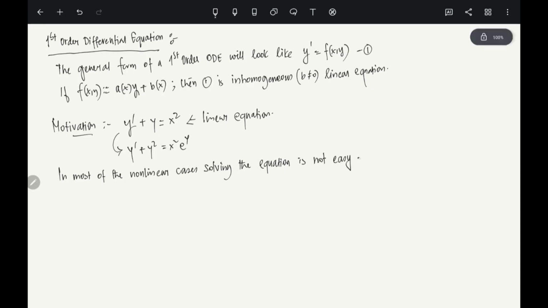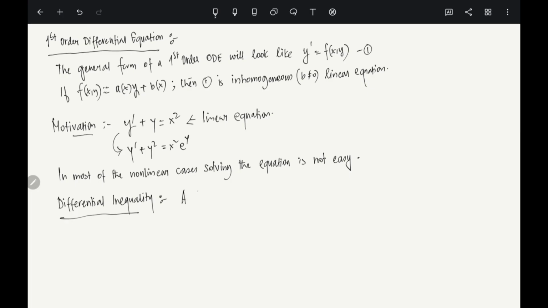So in those kinds of cases, we try to find whatever information we can get about a solution. To do that, we look at something called a differential inequality.